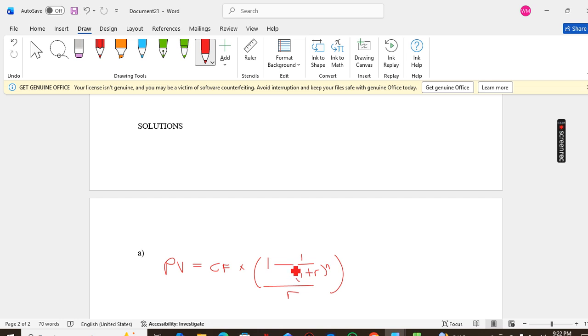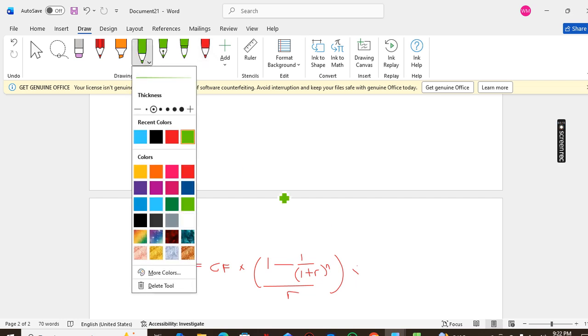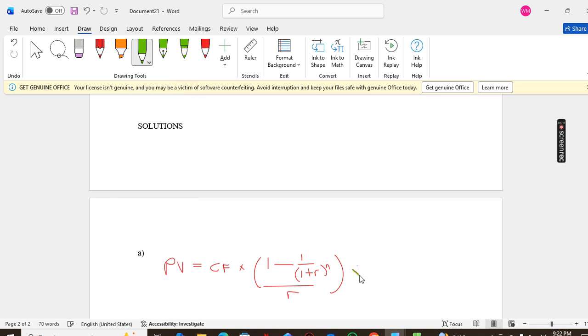Now since this is a deferred annuity, we're also going to add this, multiplied by 1 over 1 plus r to the power d. D is the number of years deferred. Okay, it's the number of years deferred.